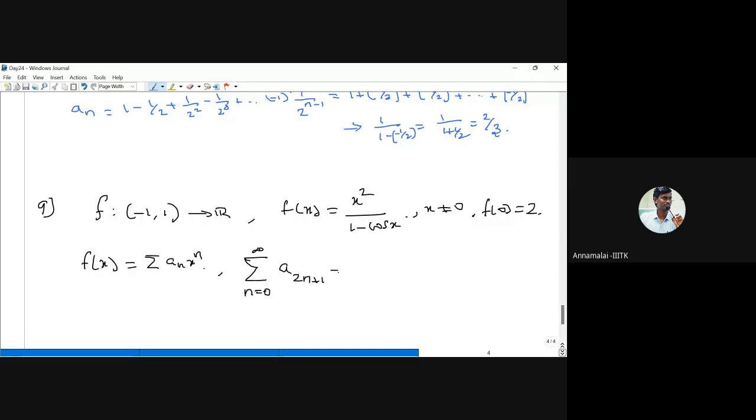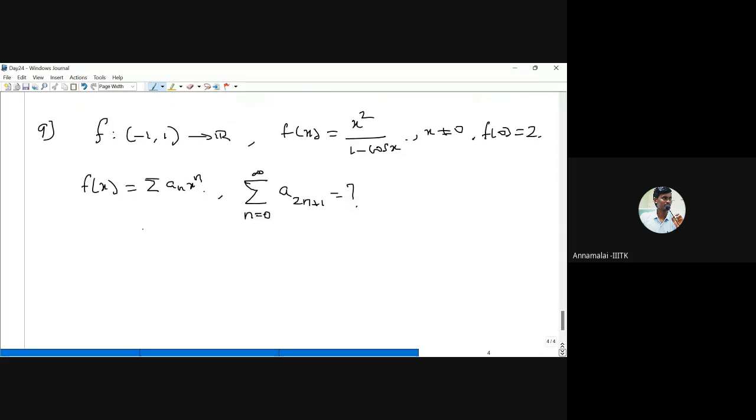So what is the value of this odd terms sum? The first option is 0. The second option is 1 by 2. The third option is 1. The fourth option is 2.